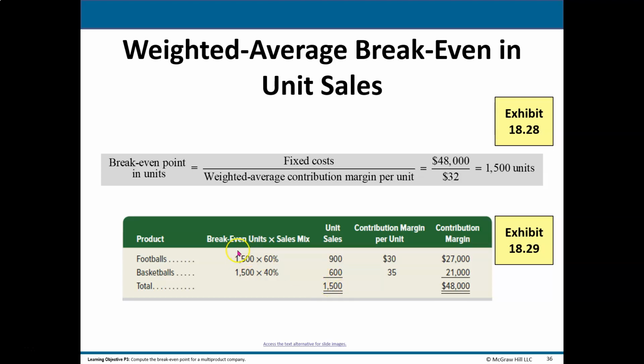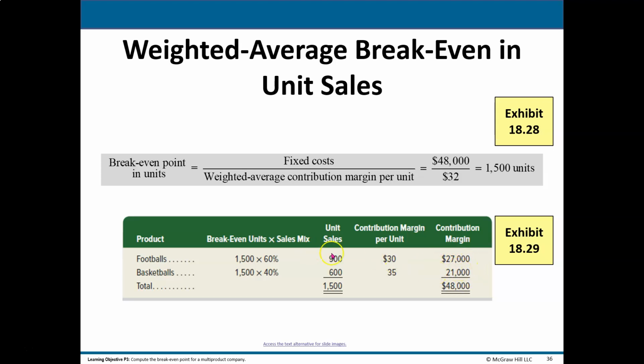So I'm just taking my total break-even units I need to sell between both and multiplying them by their respective proportionality to get the total number of footballs and the total number of basketballs I need to sell in order to break even. And I can also multiply that out in terms of dollars. How much in contribution margin do I have in dollars? $27,000 in footballs, $21,000 in basketballs.